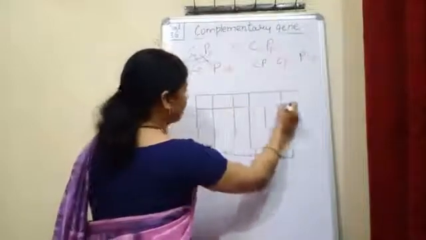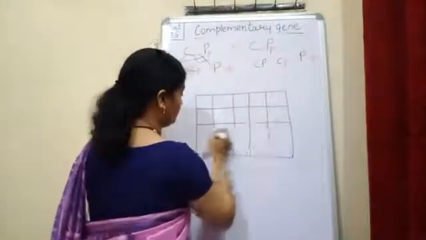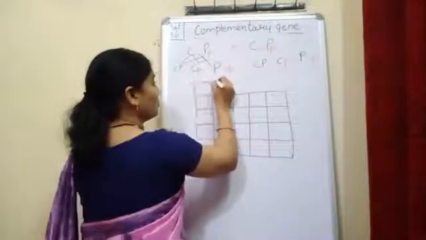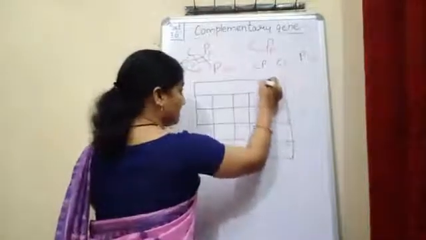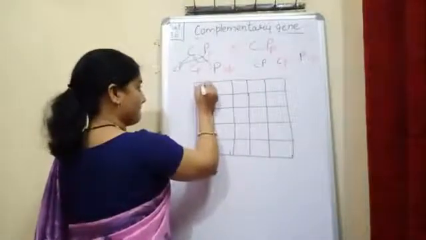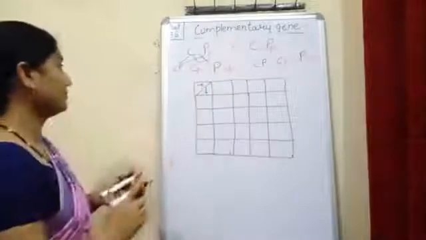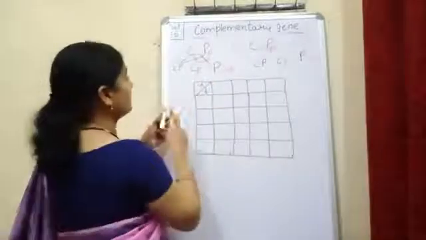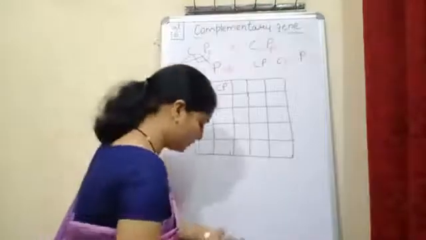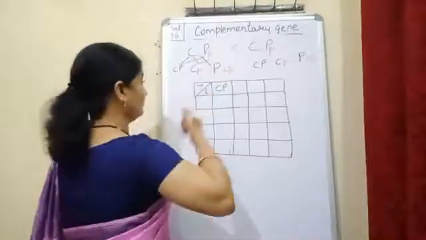See, 1, 2, 3, 4, one more box. What to write? Capital C, capital P. It's better to write with blue.